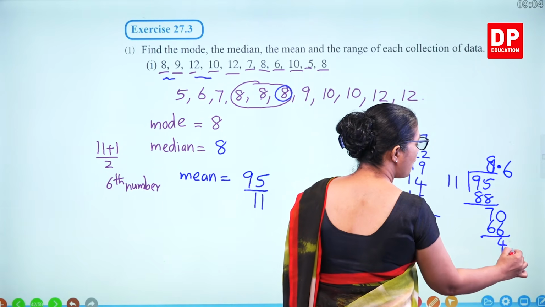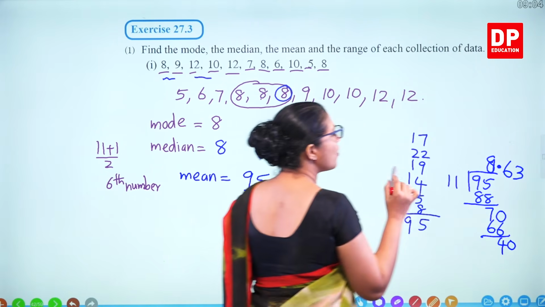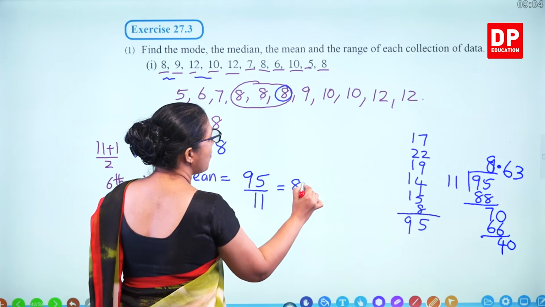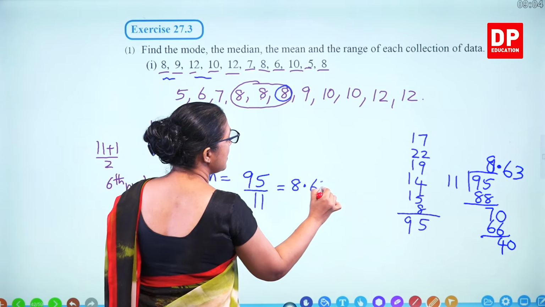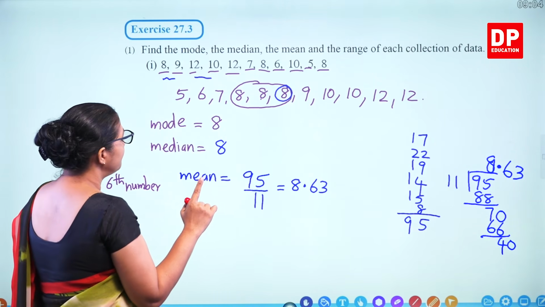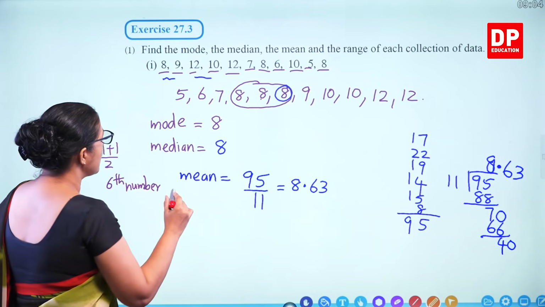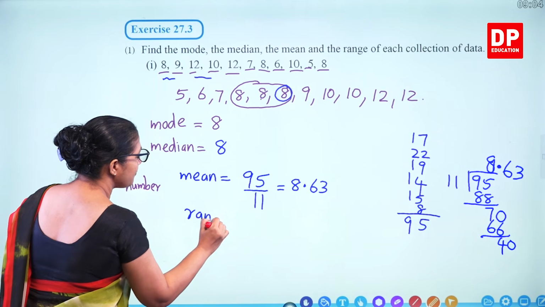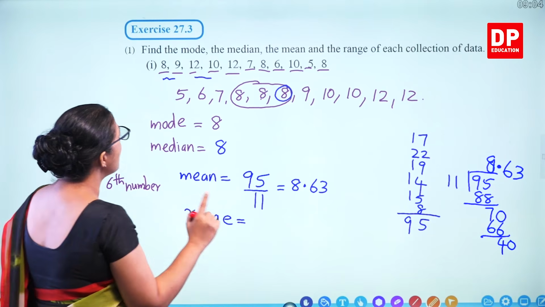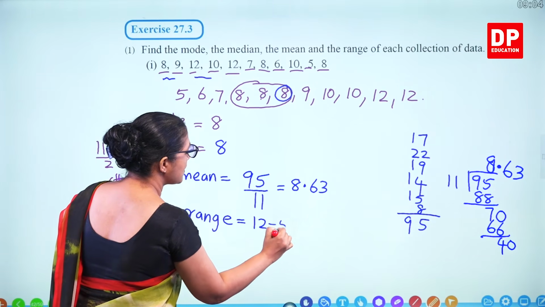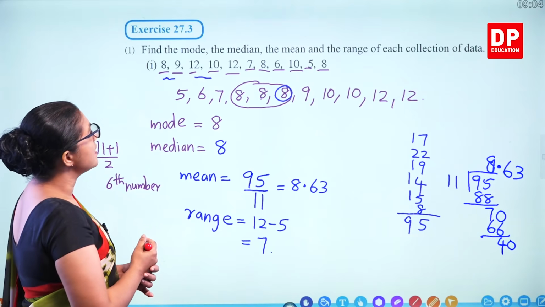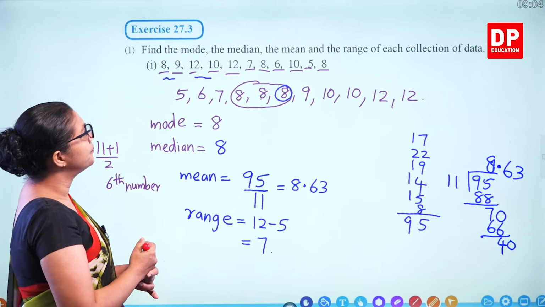So you get 40, that's 3. So 8.63. You can write 8.63 is the mean value. And what's the range? Range is the highest number minus the lowest. 12 minus 5, that's 7. So 7 is the range value.